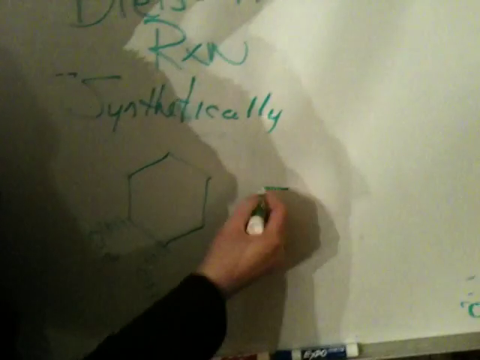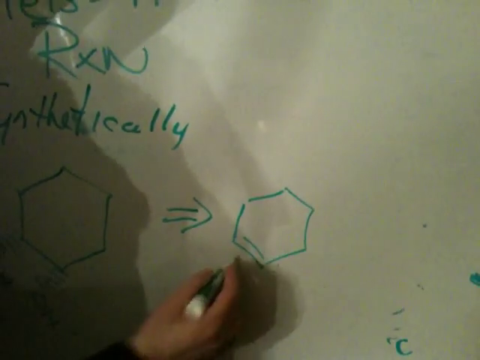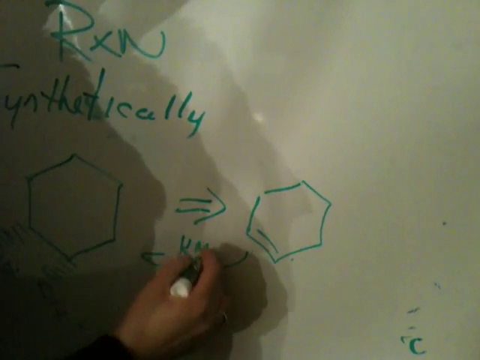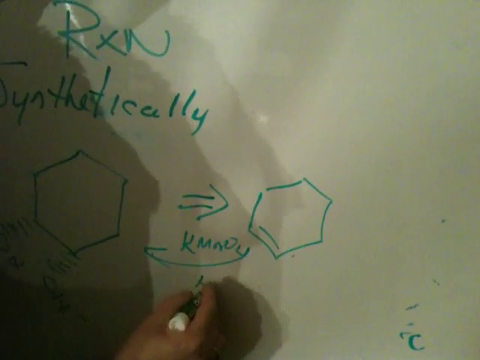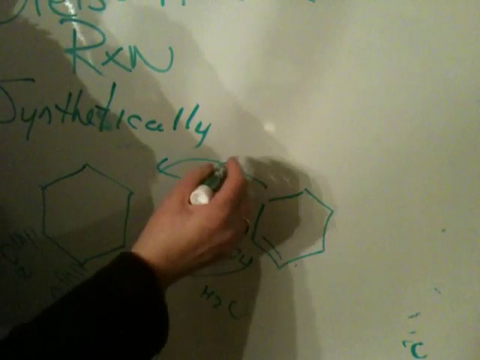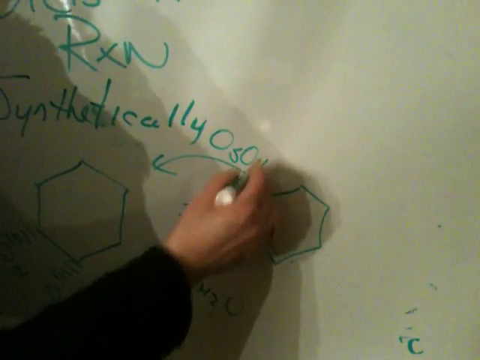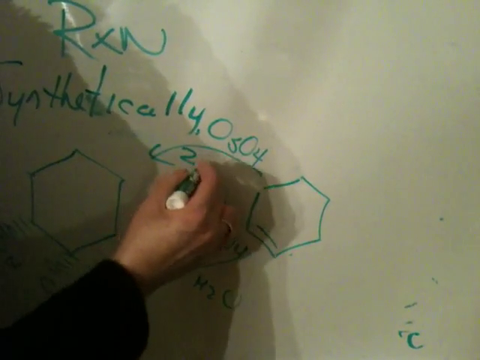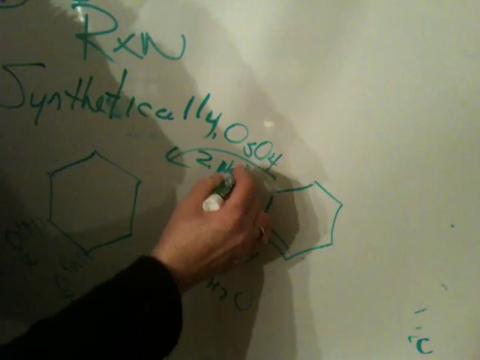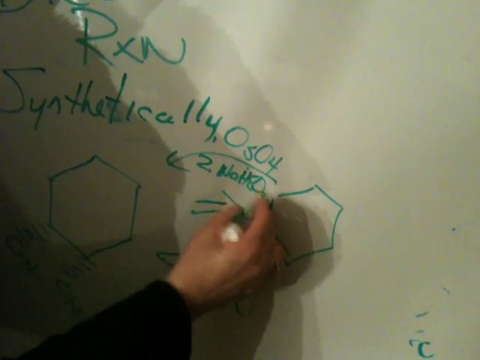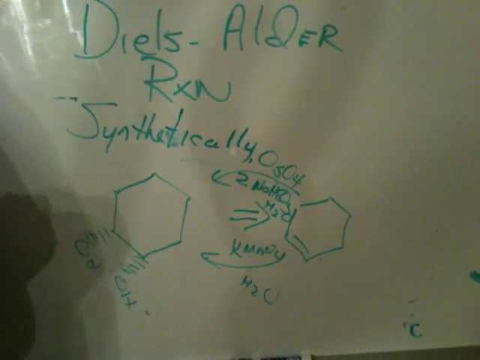Okay, so thinking backwards, I would go directly to the alkene, and then to the alkene, I would add KMnO4 in water, or I would add osmium tetroxide and NaHSO3 in water. Okay? You're going to have to learn those, so work on them.